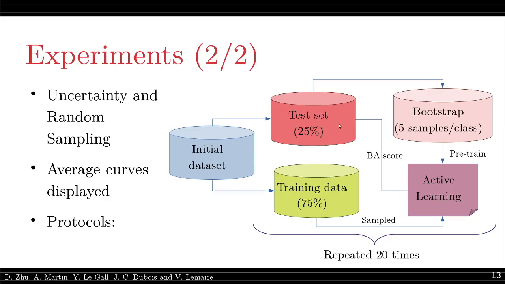The test set will also provide the bootstrap, which will pre-train the classifier, and the rest of the test set will be used to compute the balanced accuracy score, and the training data is the pool from which the unlabeled data will be given to the oracles. And this whole process is repeated 20 times, such that at the end we have an average curve for the 20 experiments.